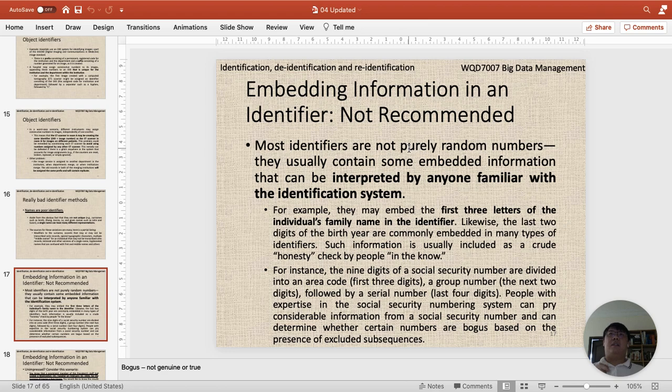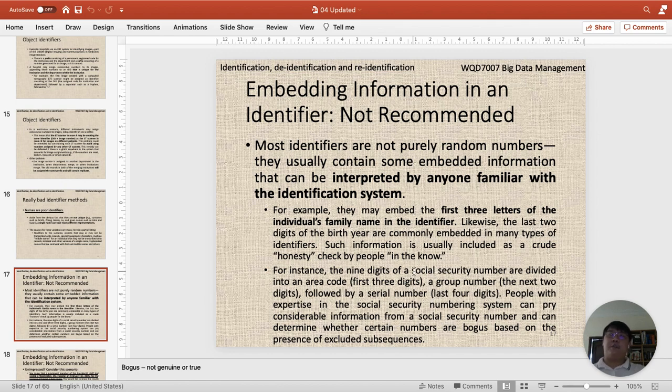If somebody wants to know when you have a birthday, they can simply check your IC, which sometimes is not that hard to access at some points. So it really is a bad idea to embed personal identifiable information inside the identifier that you have. But unfortunately, this is what we have right now.